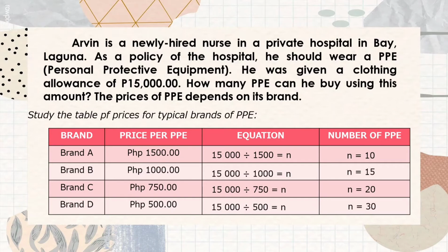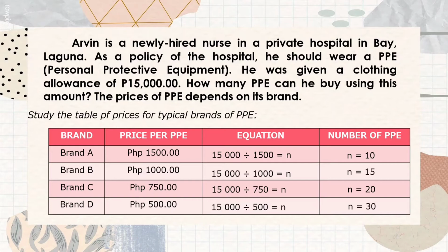Okay? How about brand C? The brand C is 750 pesos per piece. So, ang equation for that will be 15,000 divided by 750 pesos. So, ang kanyang mabibili dyan will be 20 pieces. And of course, the brand D, which is the cheapest, worth 500 pesos.